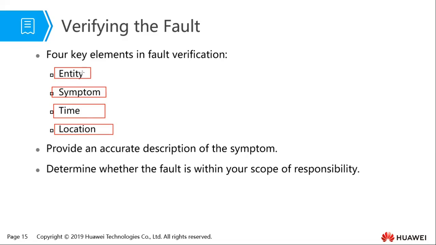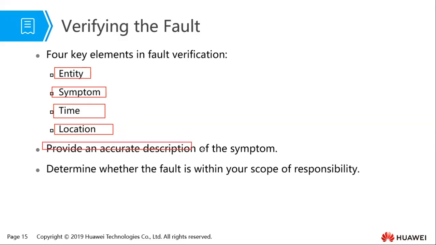Entity is the service, for example, email service, DNS service, web service. Symptom is, for example, the network is too slow, or I'm unable to access my printer completely. Then the time it happened, and location is which part of the network might have failed.